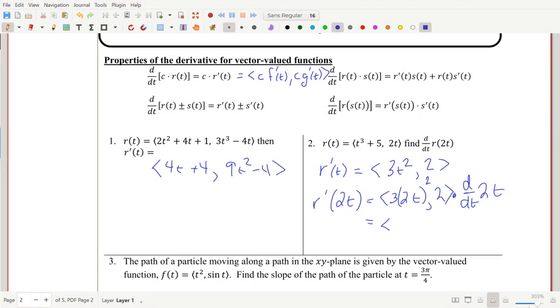So we have 4t squared times 3, which is 12t squared. And that 2 still stays a 2. And the derivative of 2t is just 2. We end up with 24t squared, comma 4. I almost wrote 2, but that is correct.